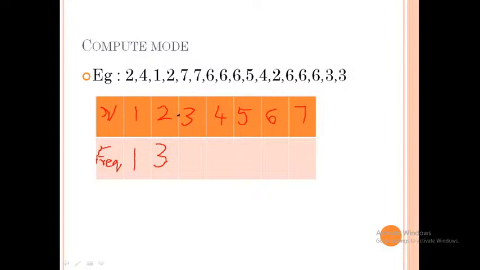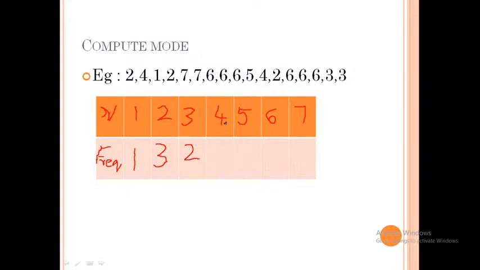Now the next variable is 3. We'll go and find how many times it is there: 1, 2. Two times 3 is repeated, so the frequency of 3 here is 2.